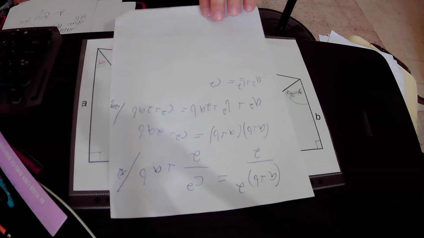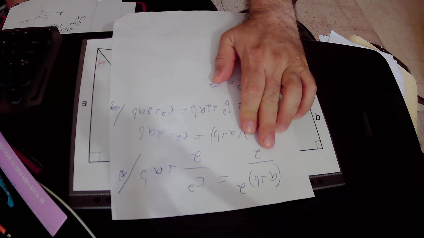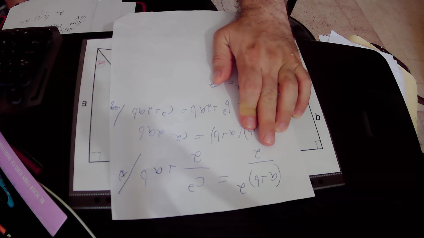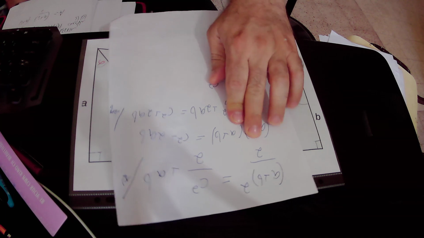So actually we calculated the area of the trapeze in the first way, and we got that the area of the trapeze is a plus b squared divided by 2.